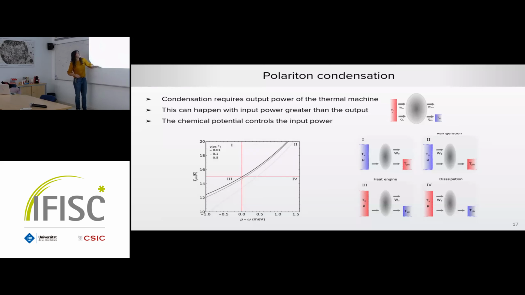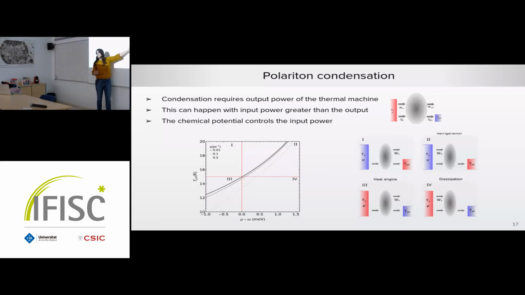This is another phase diagram as a function of chemical potential and the temperature of the cold of the phonon reservoir. So the idea is, in one, this is the case where there is more work output than work input, and we always take energy from the exciton reservoir to the phonon reservoir.